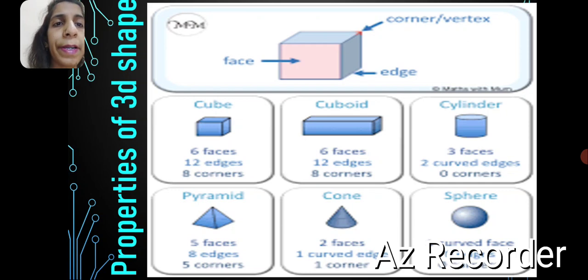Next is pyramid, which has 3 faces, 8 edges and 5 corners. Next is cone, which has 2 faces, 1 curved edge and 1 corner. Next is sphere, 1 curved face, 0 edges and 0 corners.